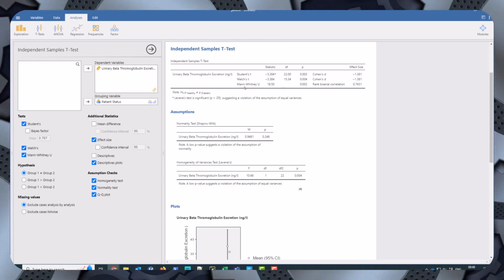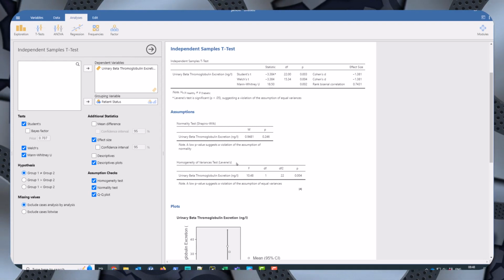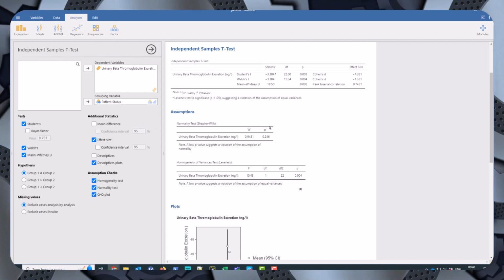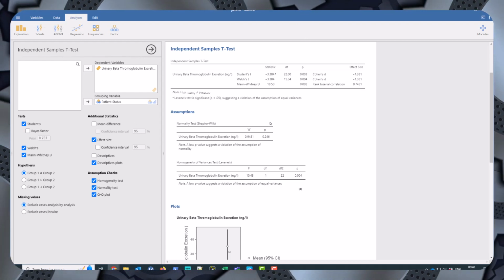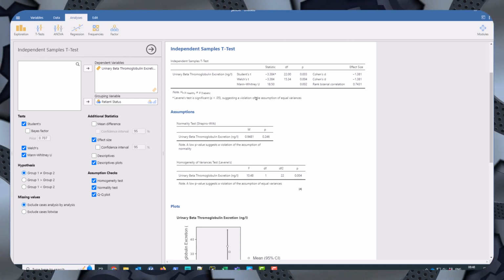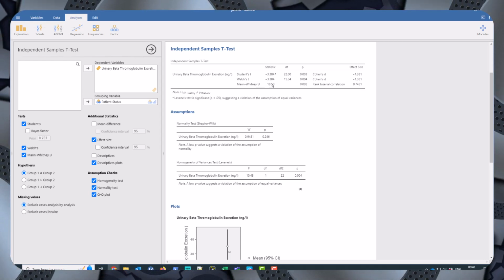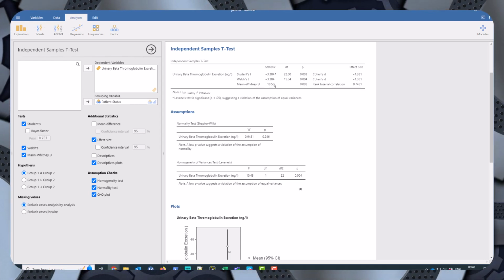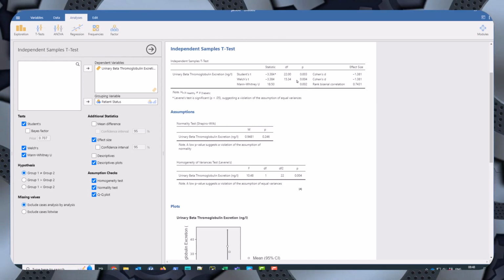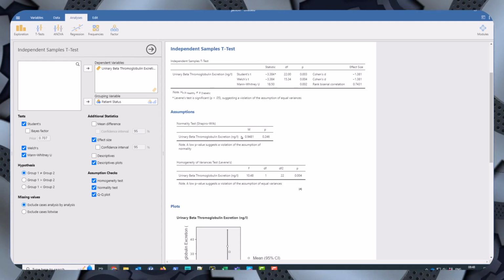And for Mann-Whitney, what you do is order them from smallest to largest, and you figure out how many of the smallest ones are in group 1 and how many of the largest ones are in group 1. Then you figure out how many of the smallest ones are in group 2 and how many of the largest ones are in group 2, and you figure out the differences in the ranks between the two groups. In this case it turns out to be 18.5, which has a very low p-value, so it's very significant in all of the different tests.